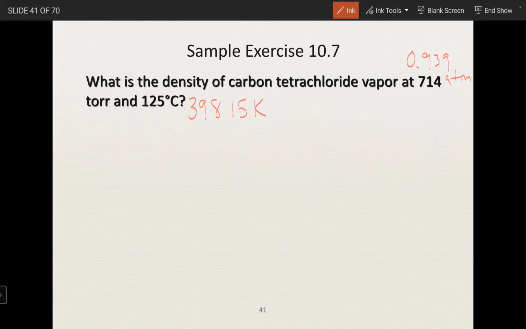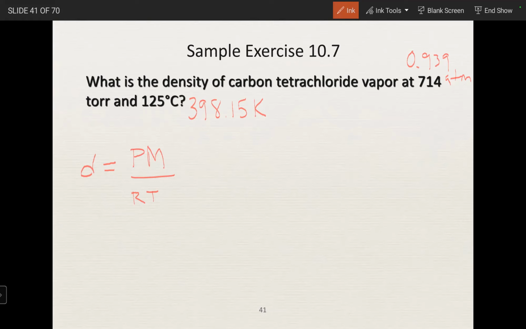Okay. So if we think about the equation we just saw, if we're solving for density, what that means is we will have the pressure times the molar mass, PM, over RT. And in this equation now, we've got the pressure, P. On the bottom, we always have R, just a constant.